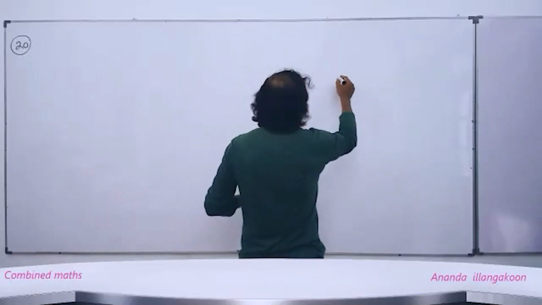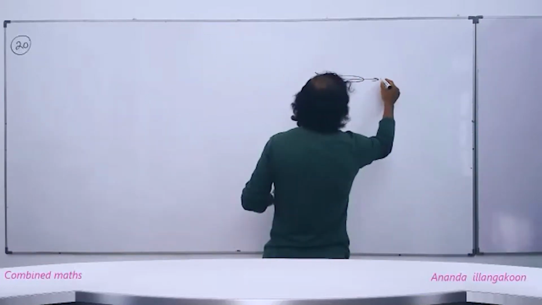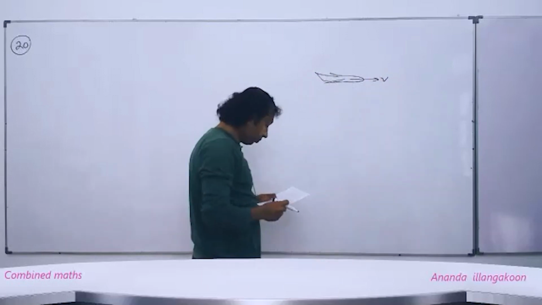What is that, people? The velocity of the aeroplane relative to air, the velocity the engine produces, is v kilometers per hour.